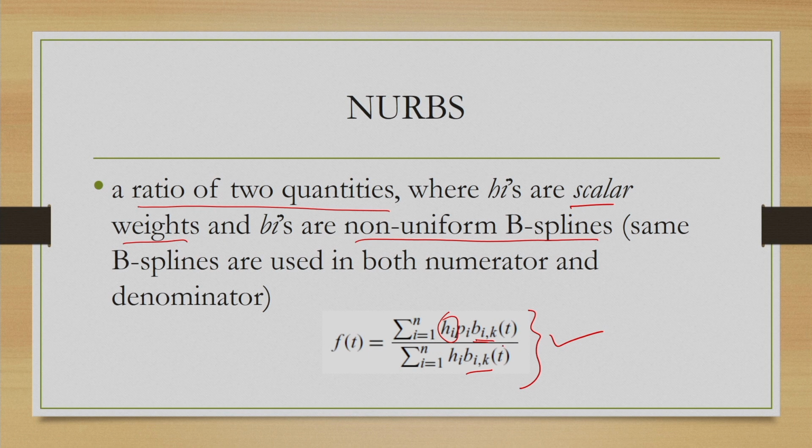It should also be noted that the same B splines are used in both numerator and denominator. So, NURBS essentially refer to this ratio. So, we have uniform B spline where knot points are uniformly spaced. We have non-uniform B splines where knot points are not uniformly spaced, and we have NURBS where we talk of a ratio of 2 quantities, each of which is made up of the same non-uniform B splines.